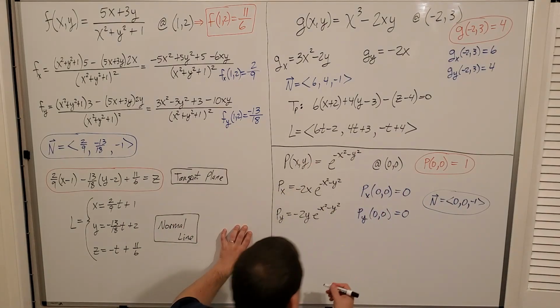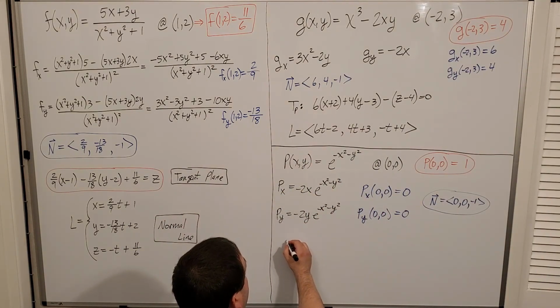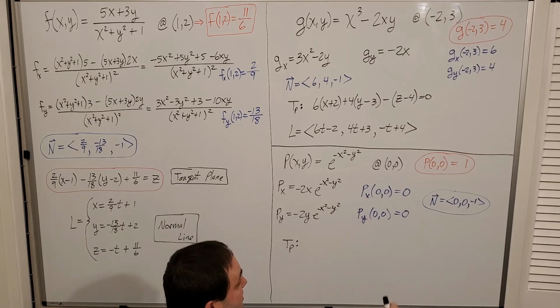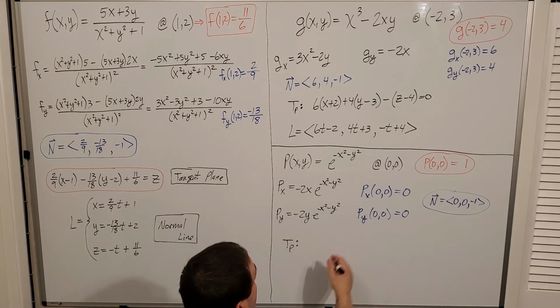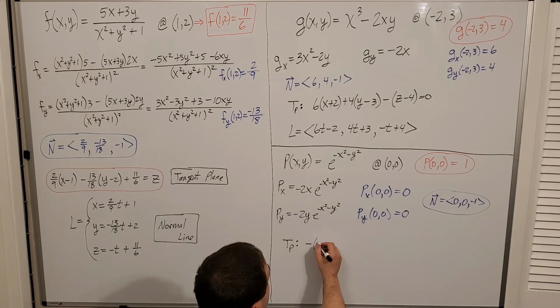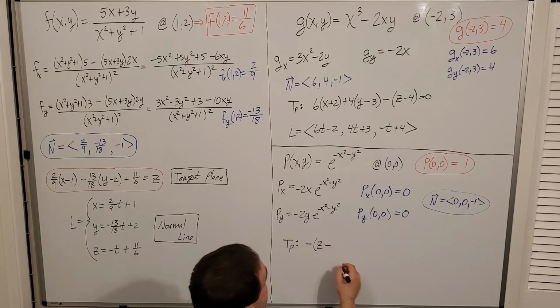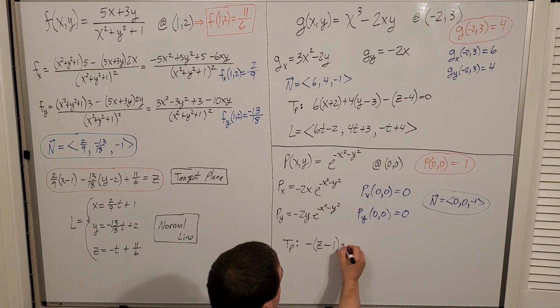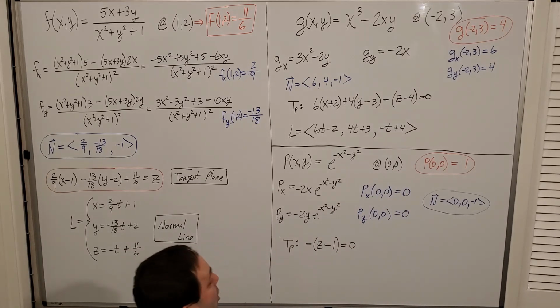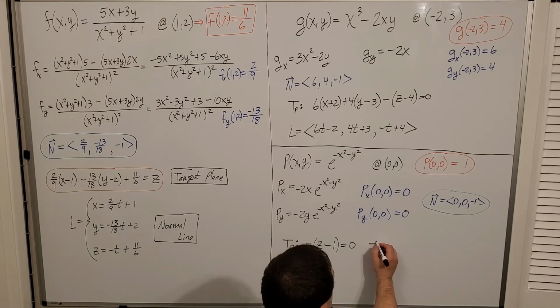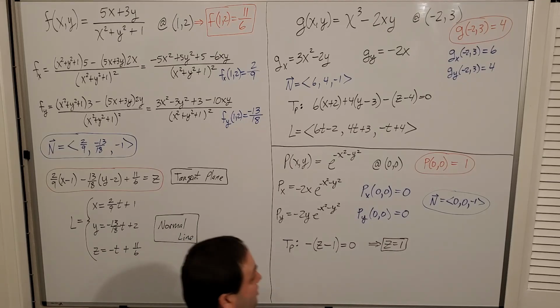So for my tangent plane here, notice I have 0 times the x, so it's gone, 0 times the y, so it's gone, and I'm left with negative z minus 1 equals 0, or in other words, z equals 1, which should make sense to you, right?